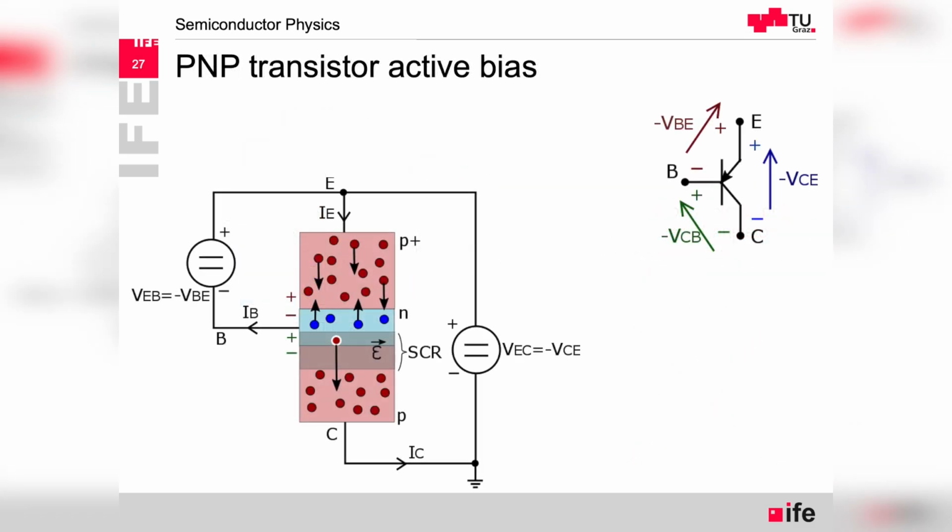The other type of bipolar transistor is PNP, where it's the opposite situation. So we still have the forward biased base-emitter junction and apply a higher voltage across emitter-collector in order to accelerate charge carriers to pass over the base into the collector.